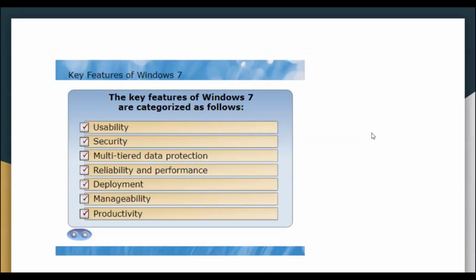Windows 7 communication, mobility, and networking features help users connect to people, information, and devices by using simple tools.